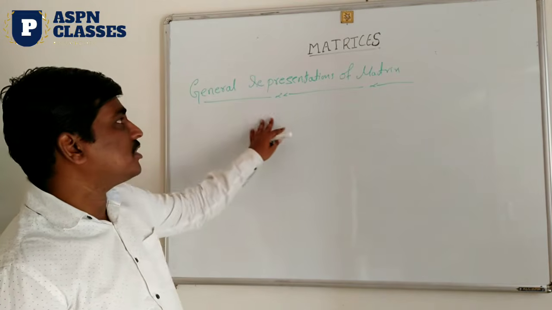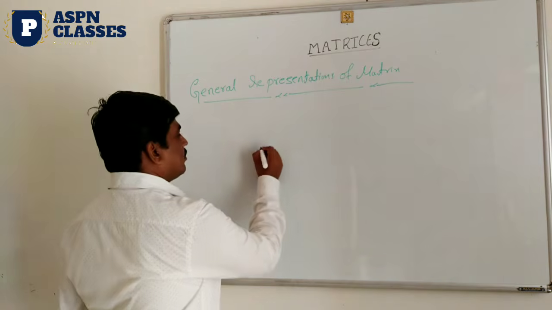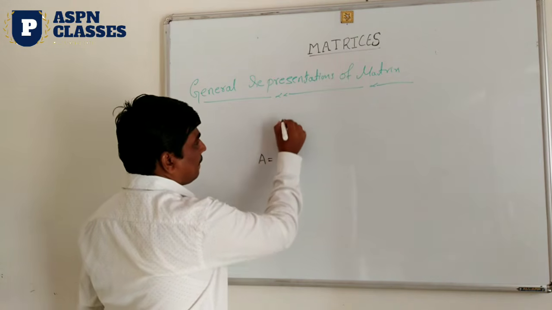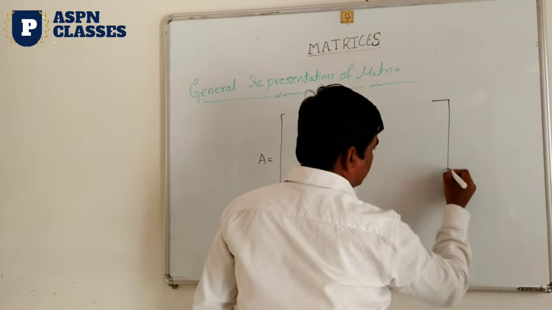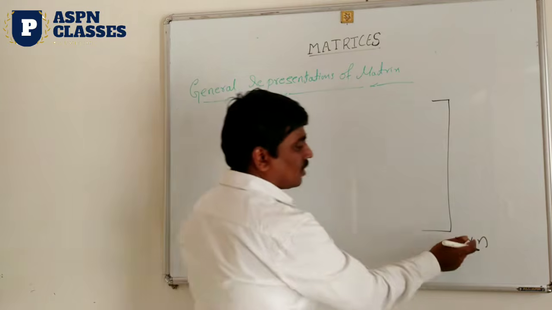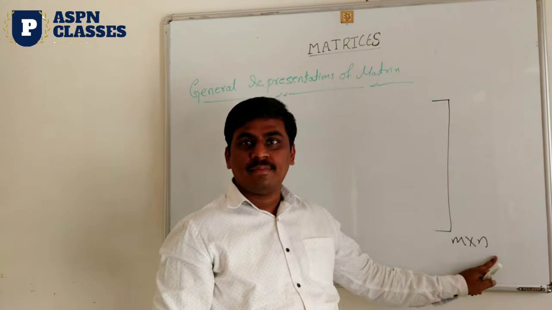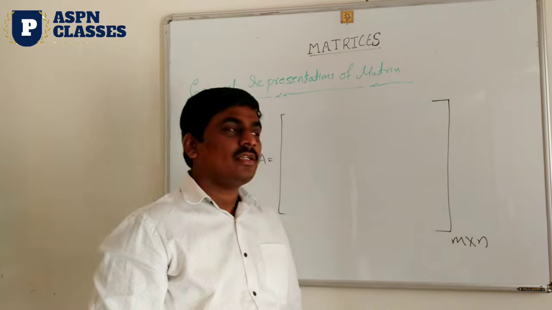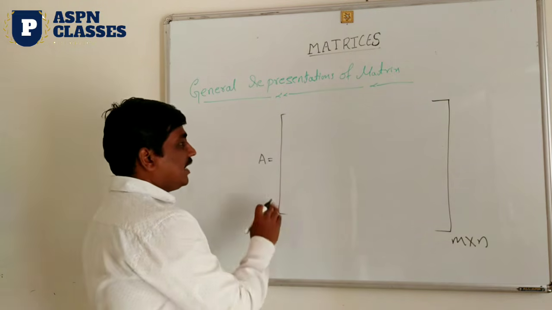Next, general representation of a matrix for the order m into n. So for example, I am going to write it here. The order is m cross n, that is m rows and n columns. Now how to represent all the elements?